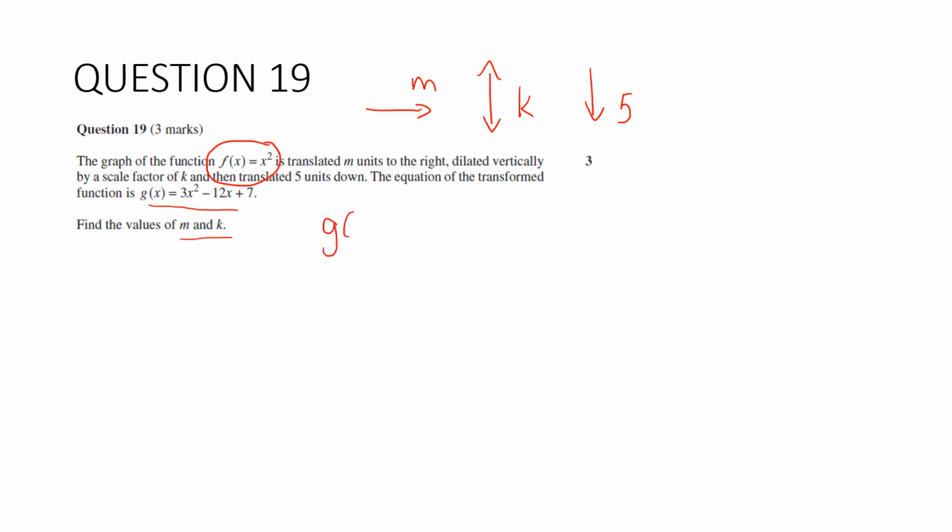So we're going to get g of x is equal to, translating m units to the right, remember it's going to be x minus m all squared. Then I'm dilating vertically, scale factor k, and then translating 5 units down. And this is going to be equal to 3x squared minus 12x plus 7.